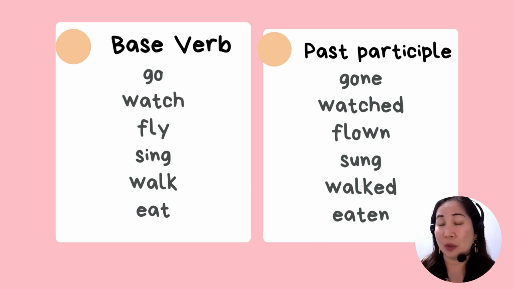As you have noticed, for some base forms we just add ed or d, but most of them change their spelling, and some have the n at the end. For example, for sing and sung, we just change the vowel, the I became U.